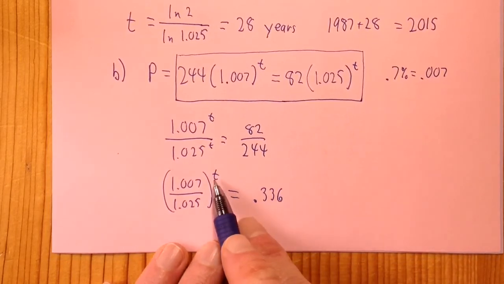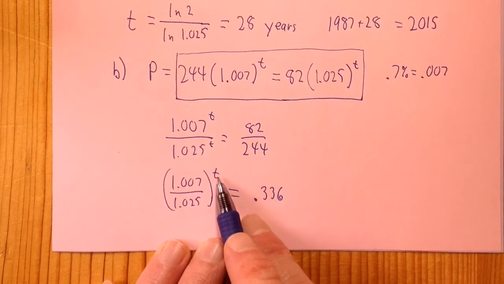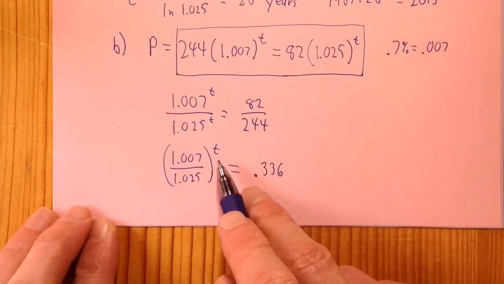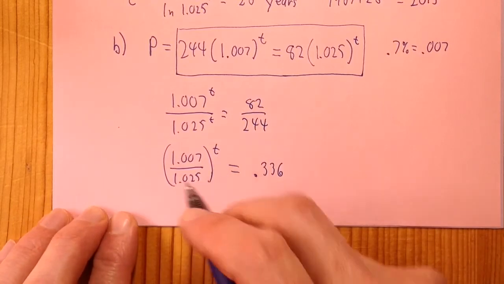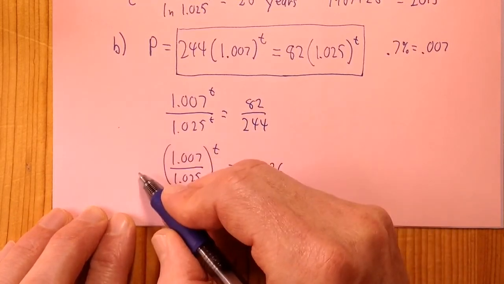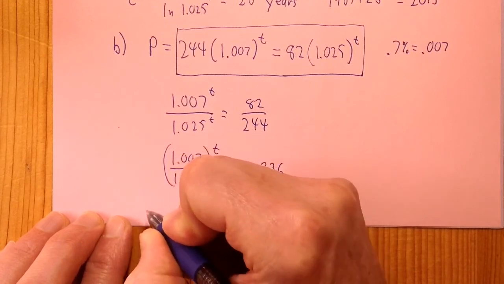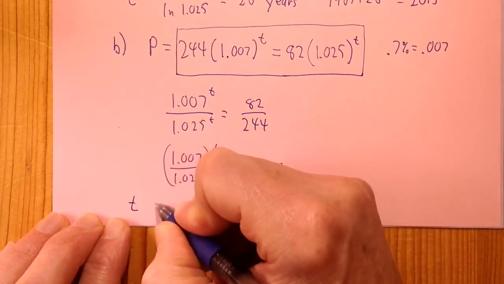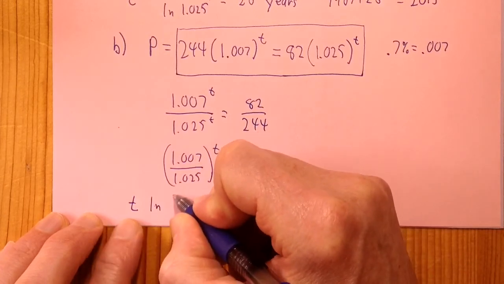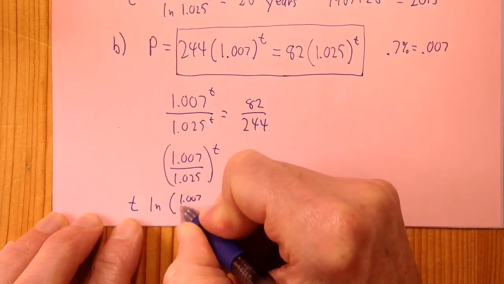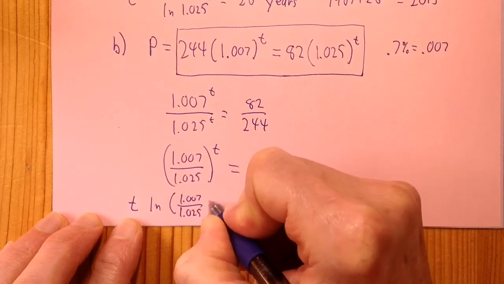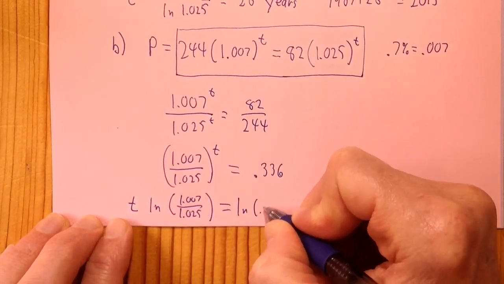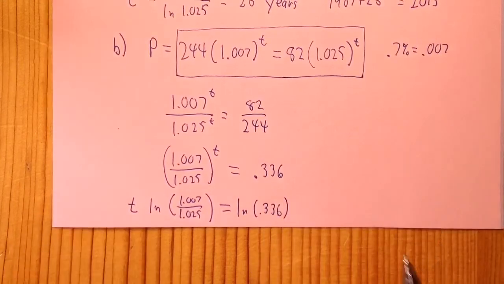Let's see, we want to get that t down because that's what we're solving for. We know the way we do that is we take the natural log of both sides, or again, you can take log base 10 too, but take the natural log of both sides, that brings the t in front. So on this side we have t ln of 1.007 divided by 1.025 equals the ln of 0.336.